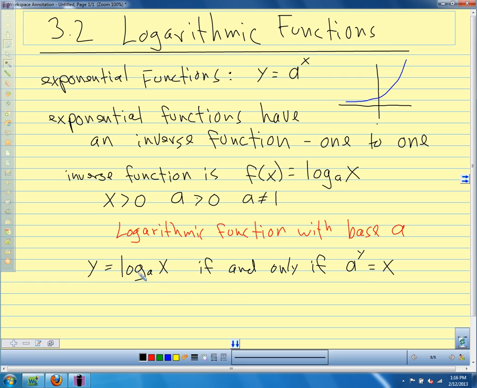So these two equations mean exactly the same thing. If log to the base a of x equals y, then a to the y equals x.